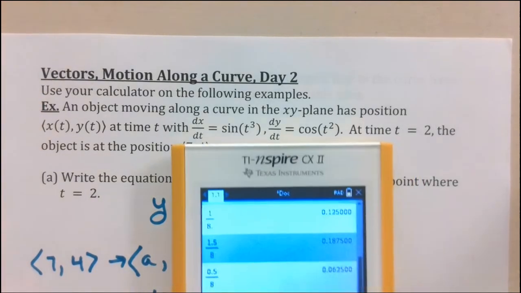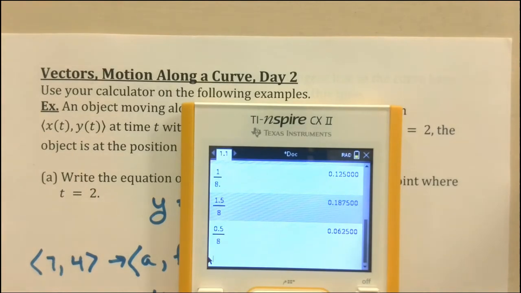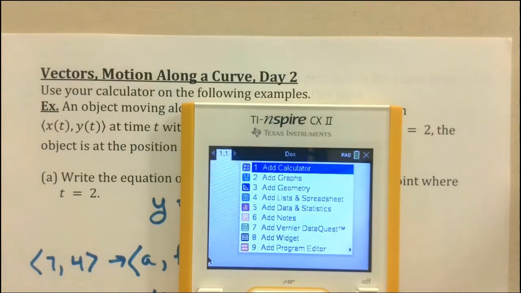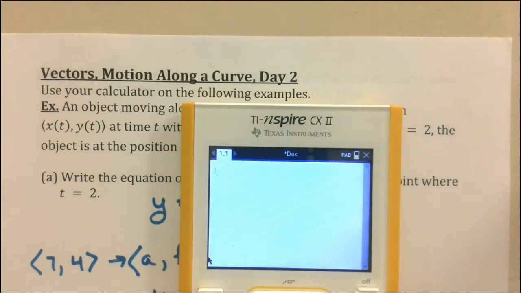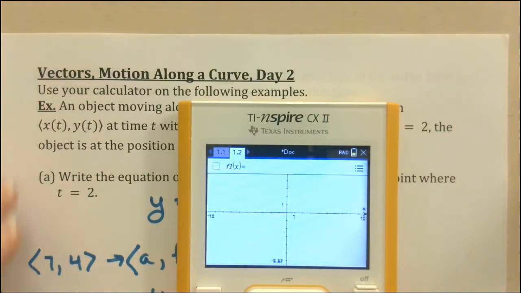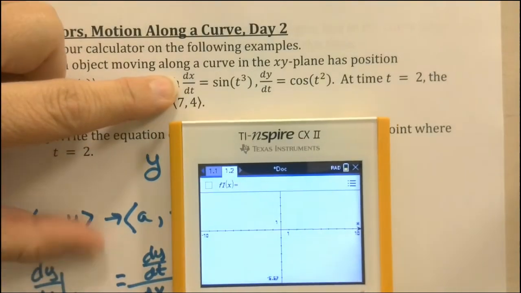And so I'm going to model this on the Inspire, but the things that I'm doing here, you can also still do on Desmos as well. It works pretty similarly on Desmos. So I'm going to open a new document with a calculator page, and I'm going to add a graph page. And in the graph page, I'm going to enter the two functions.